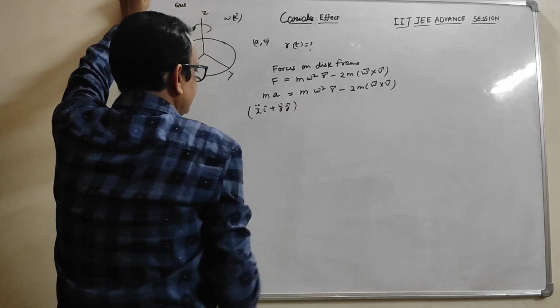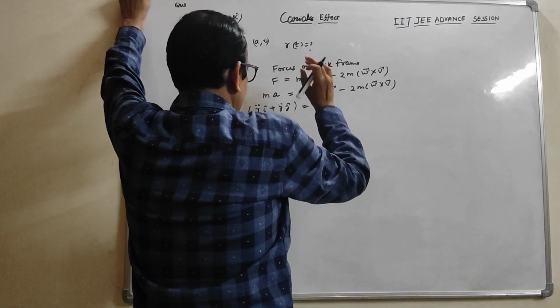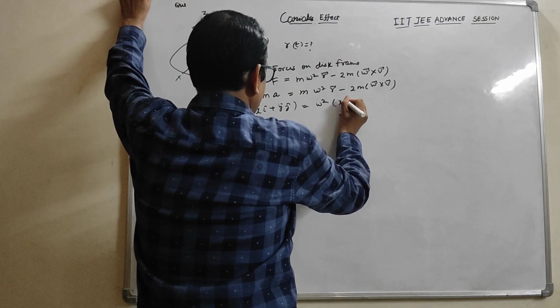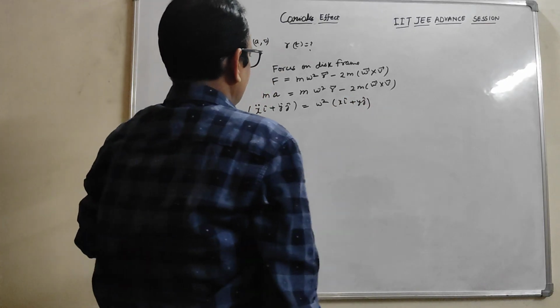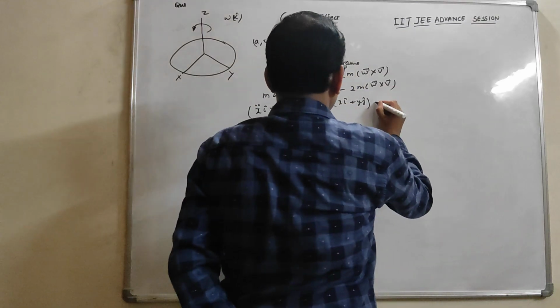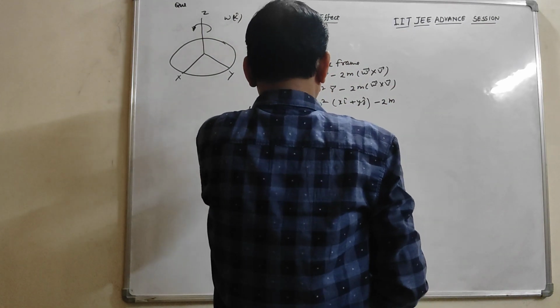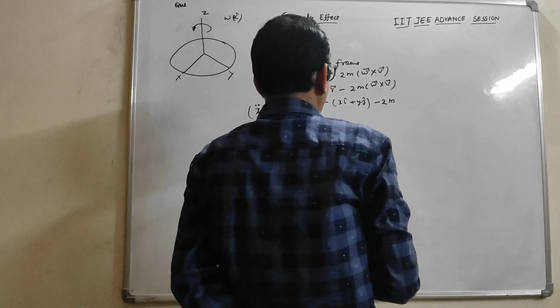This is the acceleration, and this is omega, so omega square times x i cap plus y j cap. This is 2m, so this would be omega vector cross V vector.